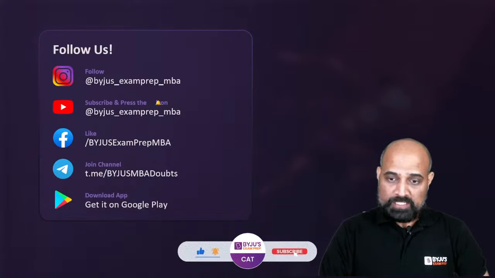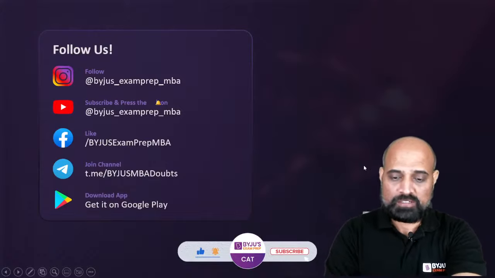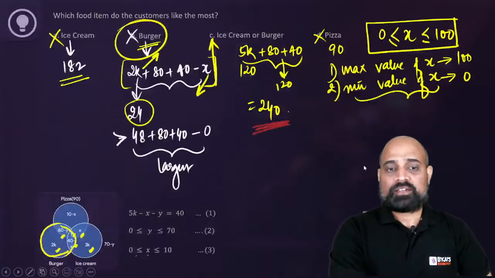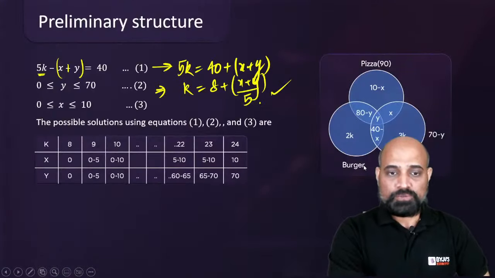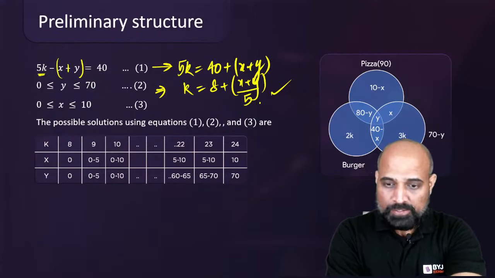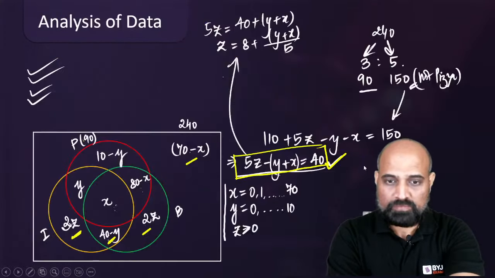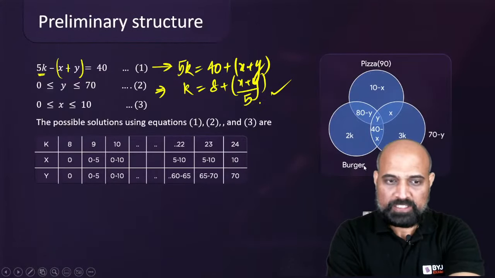Srikala, how can you write pizza 10 minus x and pizza 80 minus y is there? I think you joined a little late. You are saying, how can you write pizza 10 minus x? Okay. Where did I write pizza 10 minus x?